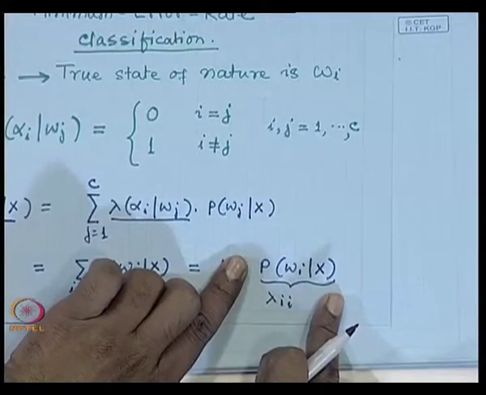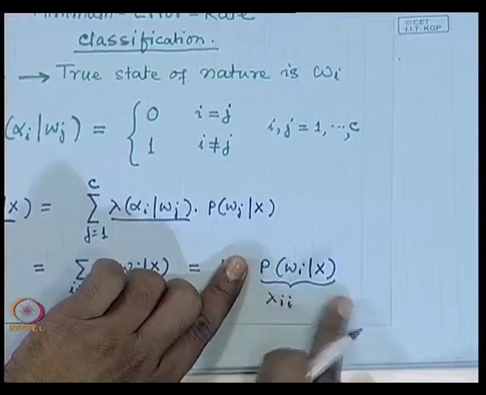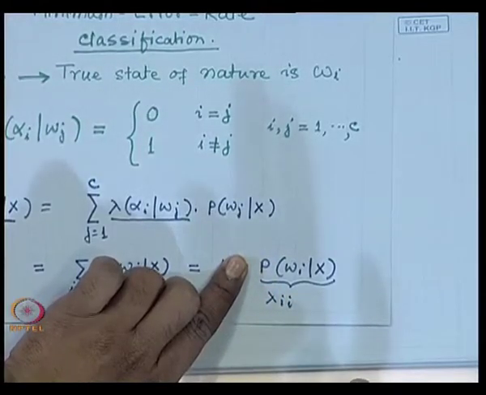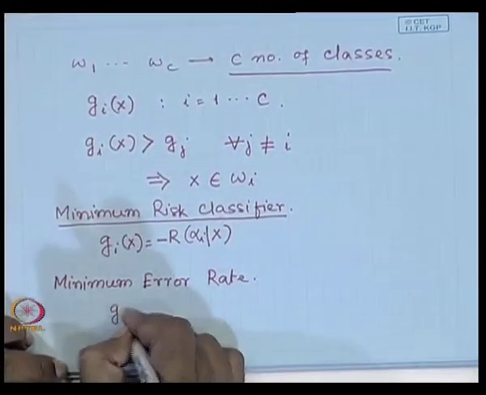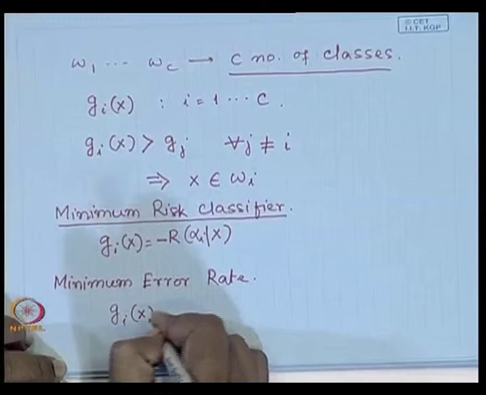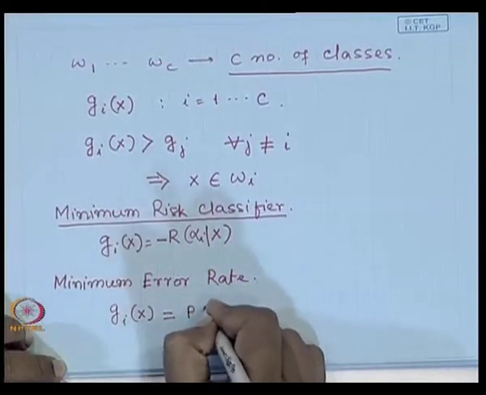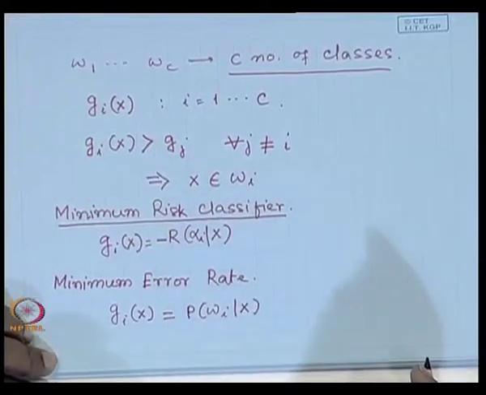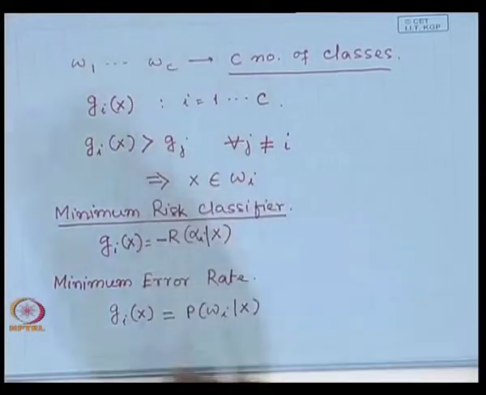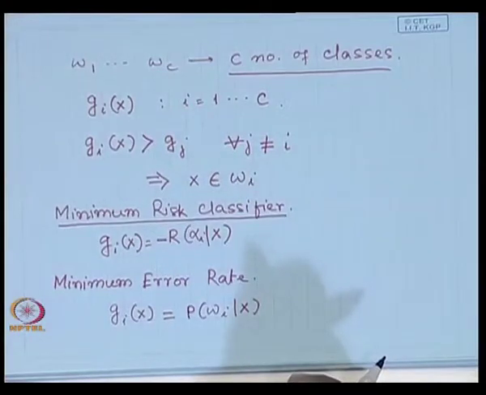So, I can simply equate g i x to p of omega i given x. I can have the discriminant functions like this, and for multiple classes, for whichever class the value of the discriminant function is maximum, I put x into that particular class.